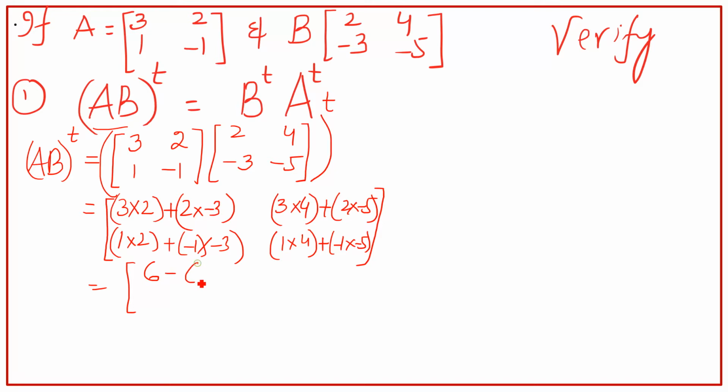6 minus 6, it is 0, or this will be plus 3, 1 time 3. This is 12 minus 10 and it is 4 plus 6.